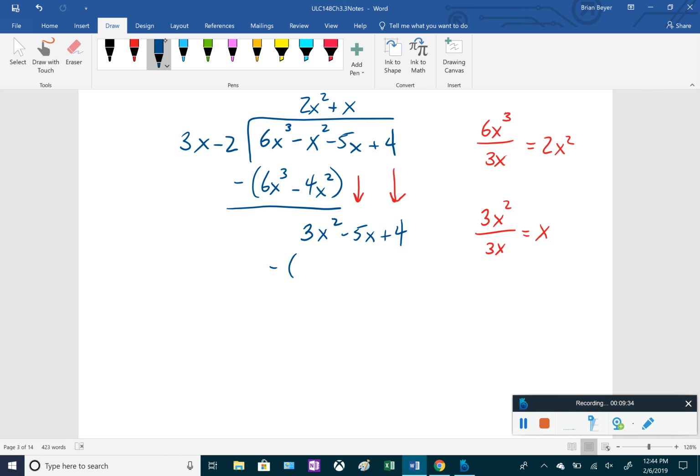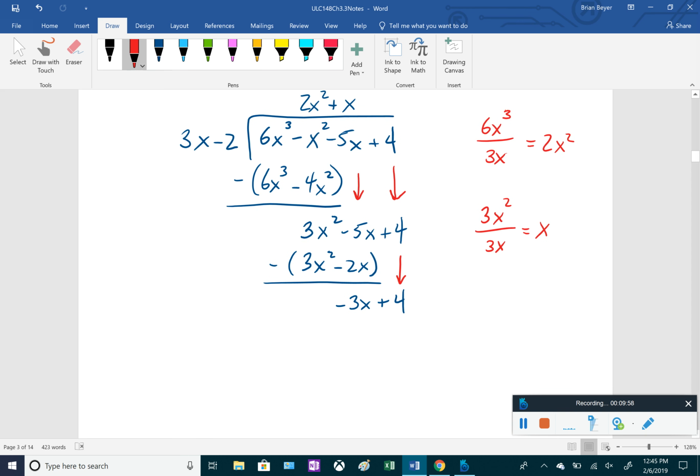So x times 3x minus 2 is 3x squared minus 2x. The x squared terms cancel. Negative 5x minus negative 2x, we get negative 5x plus 2x, so negative 3x. Bring down the 4. And we can do this one more time.